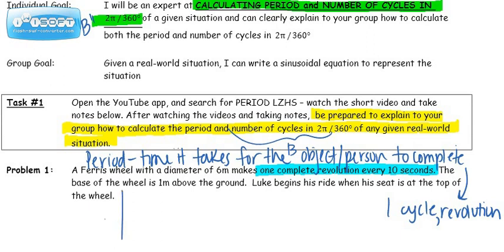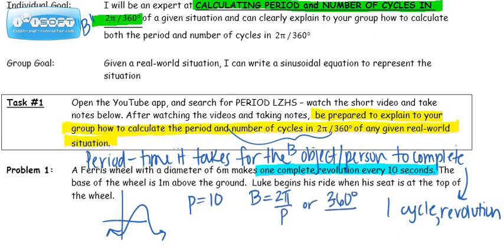So we know that the Ferris wheel starts probably down low, goes up, comes back down every 10 seconds. So I automatically know that my period is 10. And I'm going to use that to calculate b. So don't forget b is equivalent to 2 pi over p, or 360 over p. You can use either one.